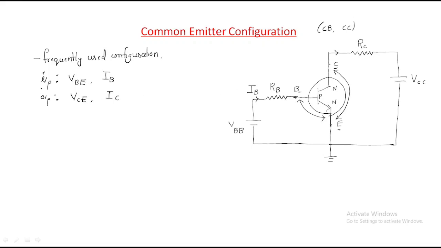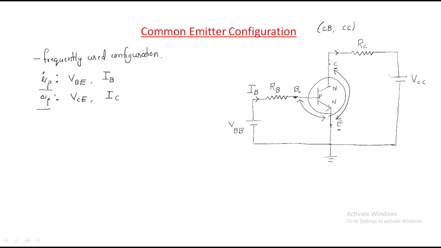So in any configuration, first we have to recognize what the inputs and what the outputs are. The most important point is that we have to give some bias. The input terminal is the base and the output terminal is the collector, so we have to give bias for the base terminal and bias for the collector terminal.